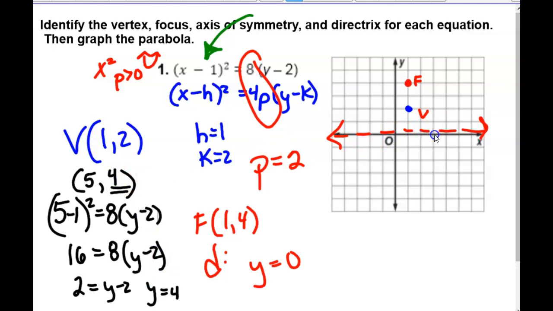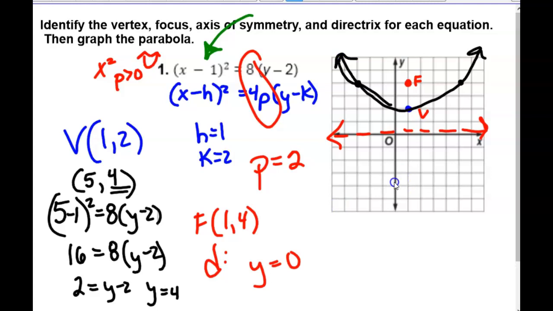So 1, 2, 3, 4, 5, 1, 2, 3, 4. And that was actually 4 units over and up from the vertex. So with some symmetry, I can put a point over here as well. If you get a decimal, it's fine.